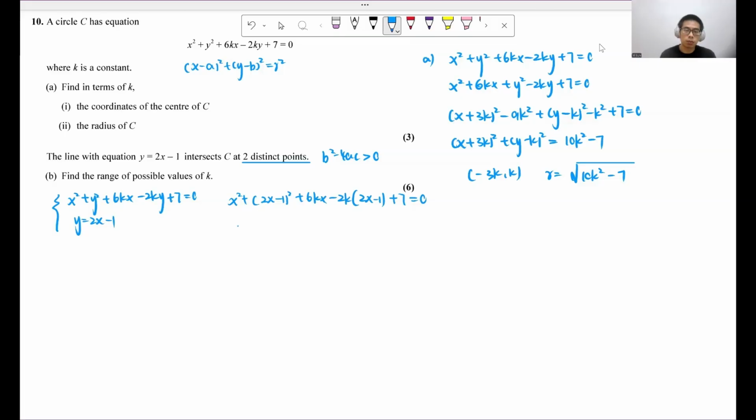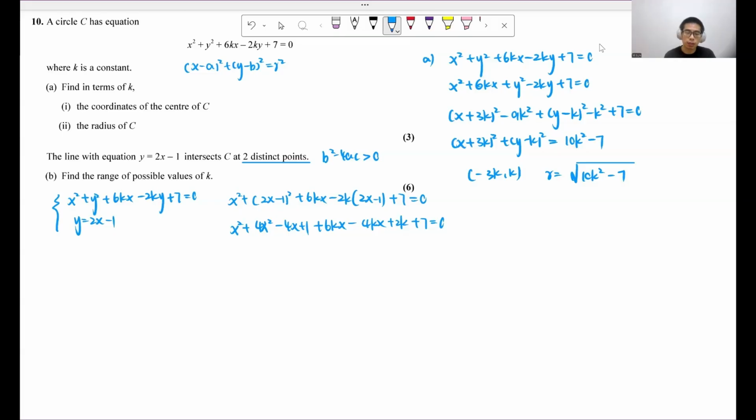So expand it out: x squared plus 4x squared minus 4x plus 1 plus 6kx minus 4kx plus 2k plus 7 equal to 0. I'm just going to double check everything. Okay, that's all fine.